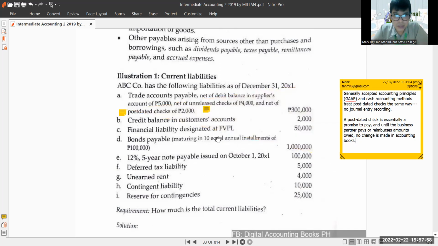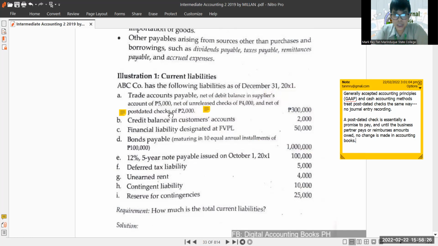So, by saying that, itong post-dated check, kung magagawa ka ng entry dito, it's just like nag-debit ka ng, para bang bumili ka ng let's say inventory, you debit that, and then essentially you will credit accounts payable. So para ka lang umuutang. Kaya wala pang bayad. So para kang nag-purchase on account.